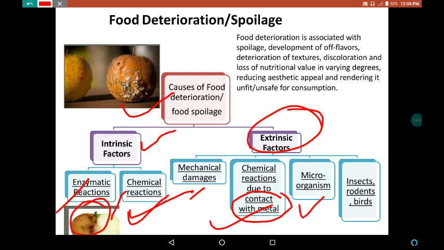Then another is microorganisms. Some microorganisms are also responsible for spoiling the food. Growth and multiplication of microorganisms like yeast, bacteria, etc. lead to food spoilage. They contaminate the food, which can cause food poisoning.